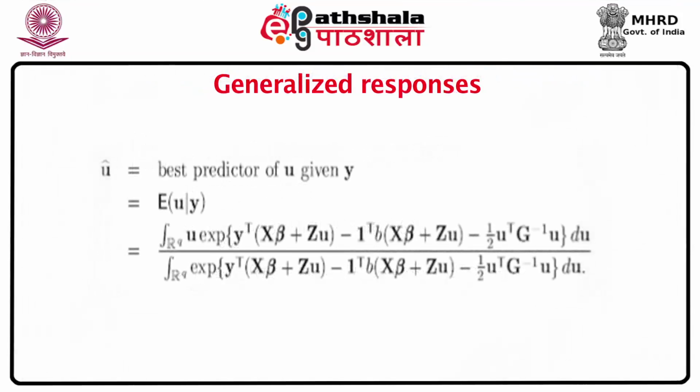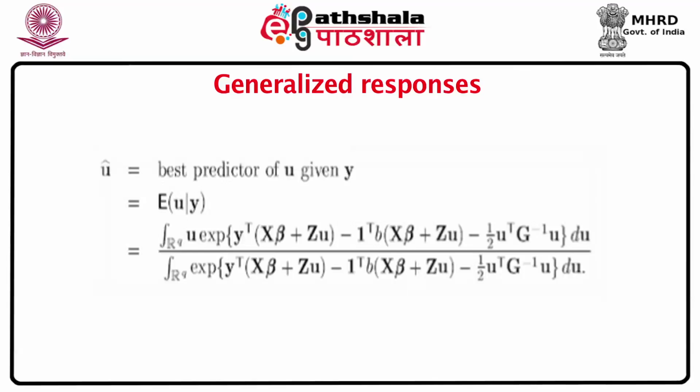To get U hat, we can, as before, use the principle of best prediction. But again, although we can work this out in theory, when we write out the expression, it is not easy to compute due to, again, the presence of intractable integrals.